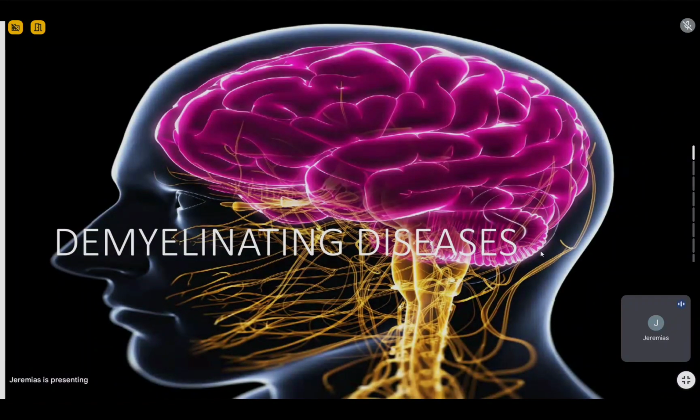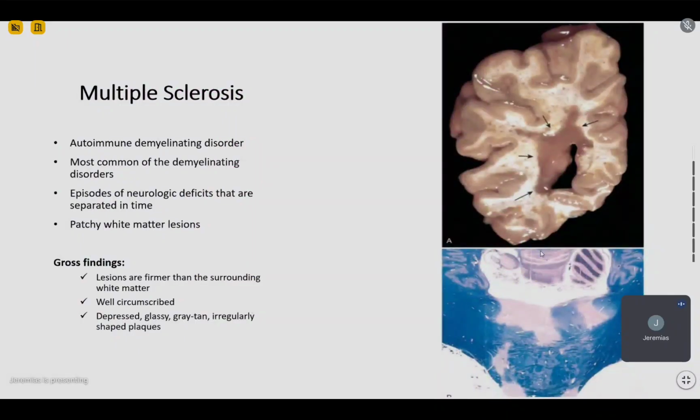So basically I just simplified it. Under these demyelinating diseases, we have immune-mediated destruction of myelin, which is seen in multiple sclerosis and infections.